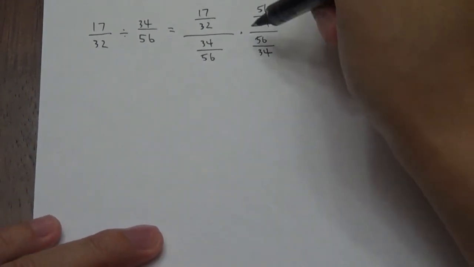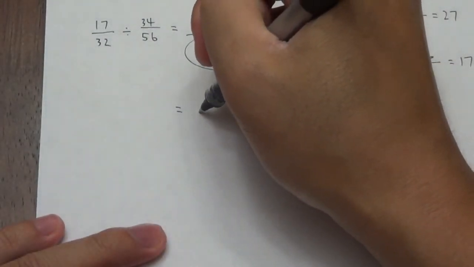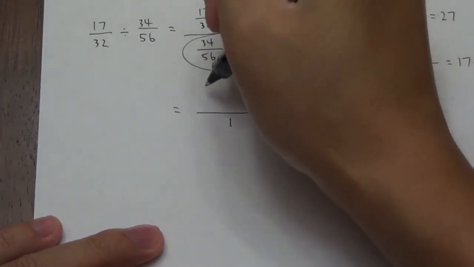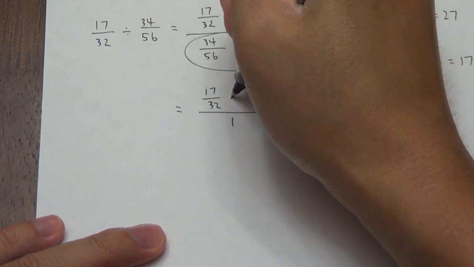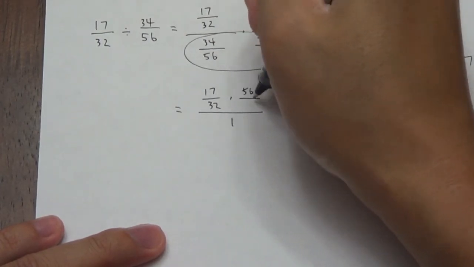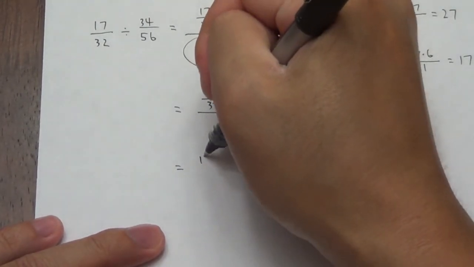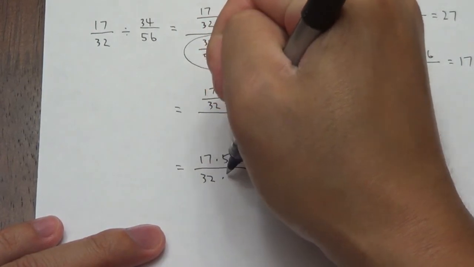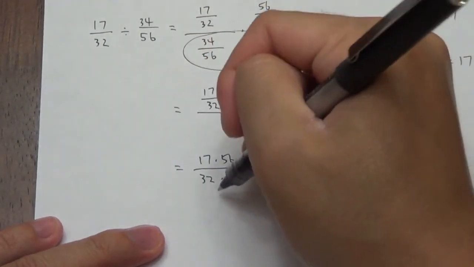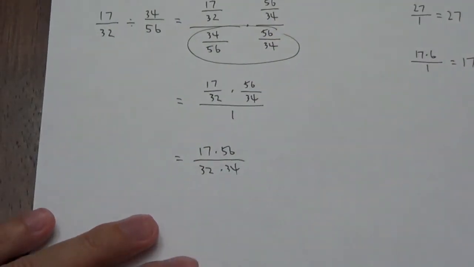So we don't even need to work this out because we know that this is just going to equal 1. Then on the top we have 17 over 32 times 56 over 34. That is just 17 times 56 over 32 times 34, and we don't need to write over 1 because whatever the numerator is, that's the new number.